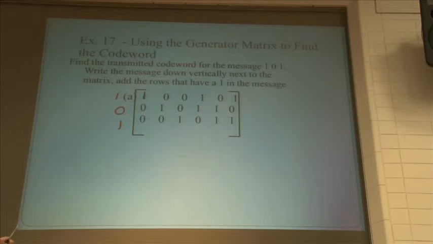So if it's originally 1, 0, 1, we're only going to add together the top row and the bottom row, because in the original message there's a 0 in the middle, so we don't add the second row.